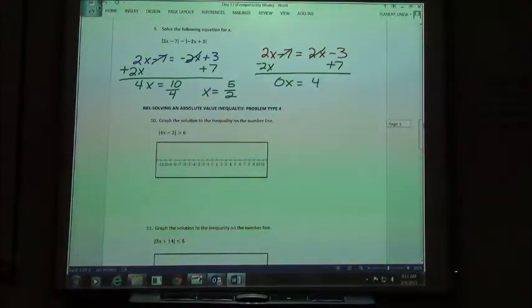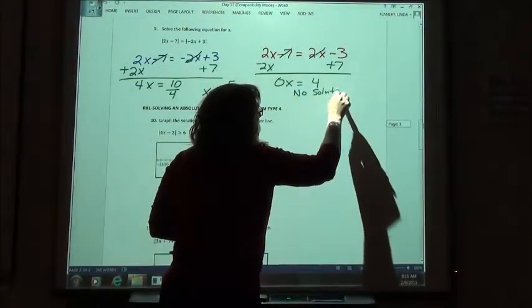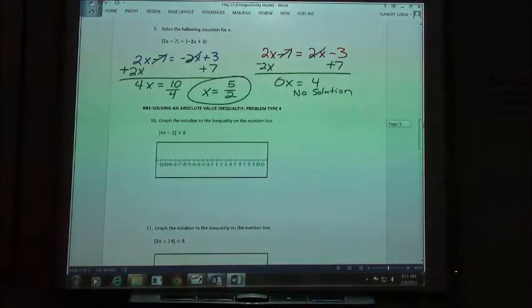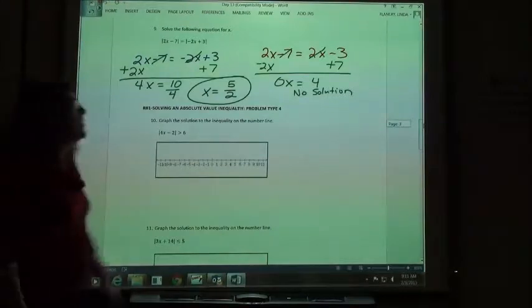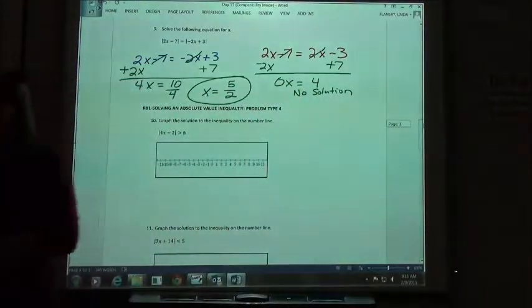So this is a no solution answer. I can't do that, and I'm only going to put in the one answer then. So in this case, I only have one answer, just the 5/2. So if there's a 0 in front of your x and it's not equal to 0, it's a no solution.